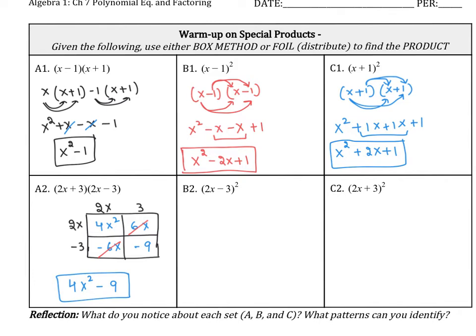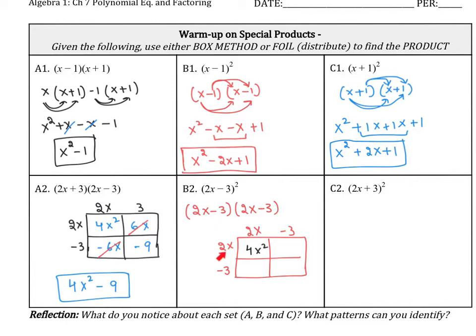Now again, for the sake of practice, I'm going to use the box method. So 2x minus 3 times 2x minus 3. Now I'm going to make a box here. On the top you have 2x minus 3, and on the side as well you have 2x minus 3. When you multiply these two, you get 4x squared. 2x times negative 3 is negative 6x.